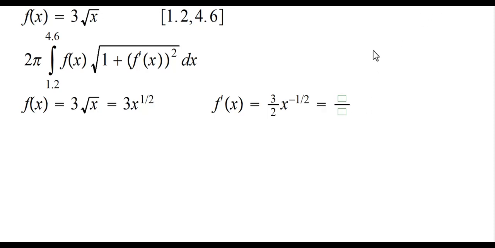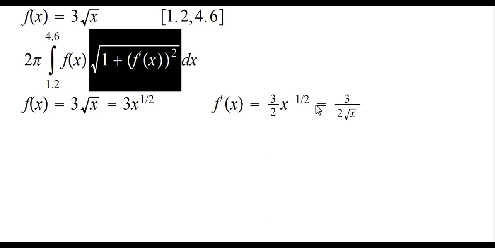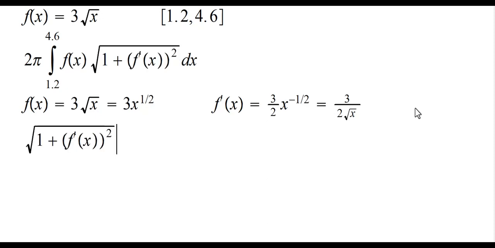So this is going to be 3 over 2 x to the negative 1/2, or for shorter symbol, we can write it as square root of x here, and our interval is 1.2 to 4.6. All right, so let's calculate this quantity right here for convenience.